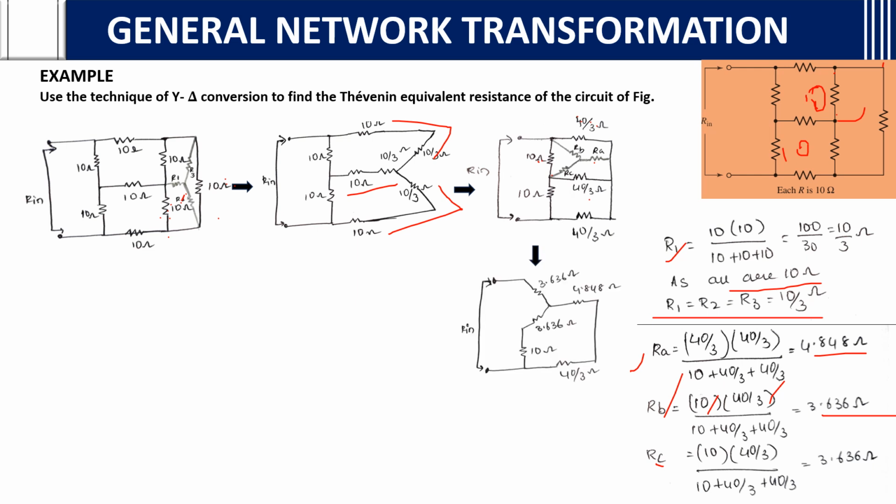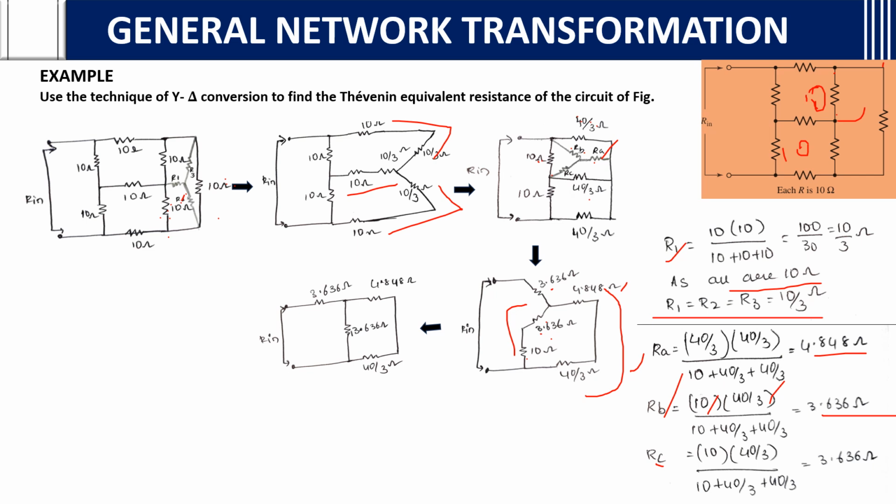After that, how does it look now? The network looks like this. Here RB is 3.636, this RC is 3.636. Just compare these two. This is RB, this is RC, and this is RA, 4.848. And this 10 and this 40 by 3 are the same. If you see, these two are in series, you can add up, and these two are in series, you can add up.